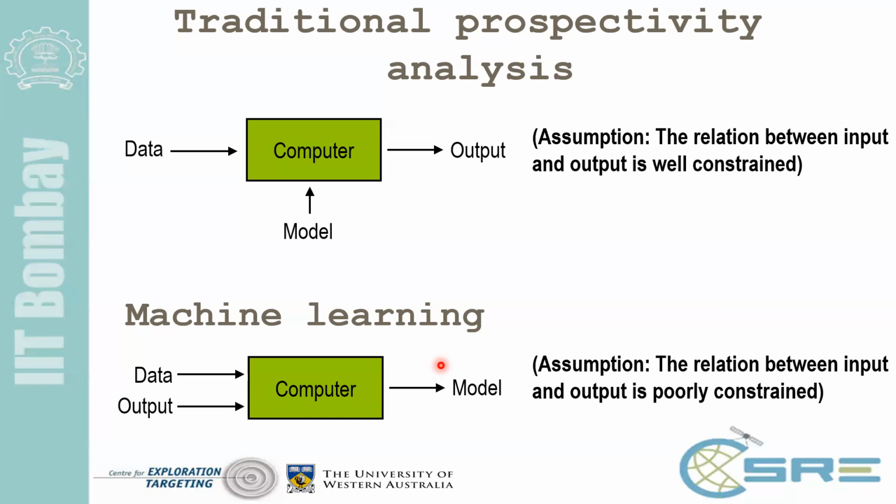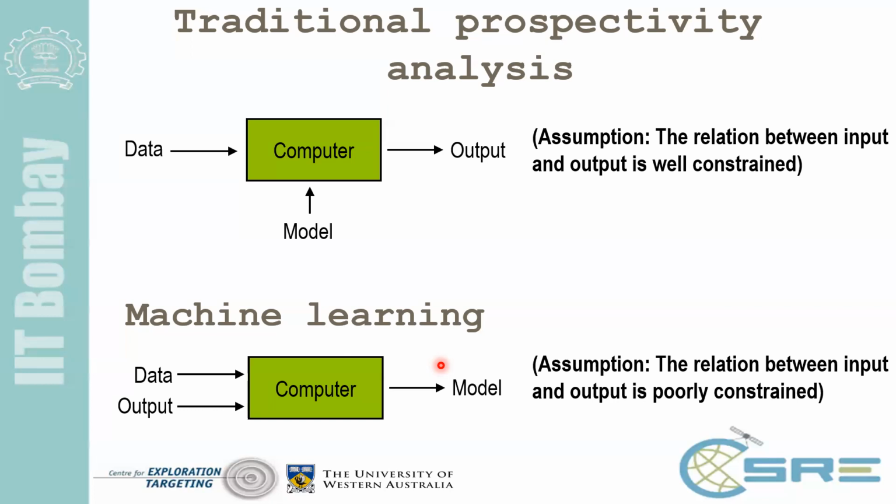Now, the assumption in conventional prospectivity modeling is that the relationship between mineralization processes and mineral deposit formation and localization is well constrained. Whereas in machine learning, the assumption is that we really don't understand what the processes are which are actually controlling the localization of a mineral deposit at a specific point, which in fact is true. So there's a lot of uncertainty there.